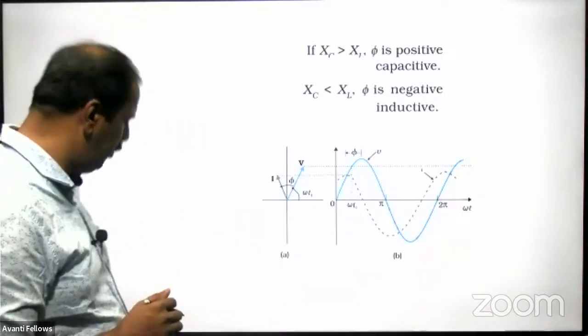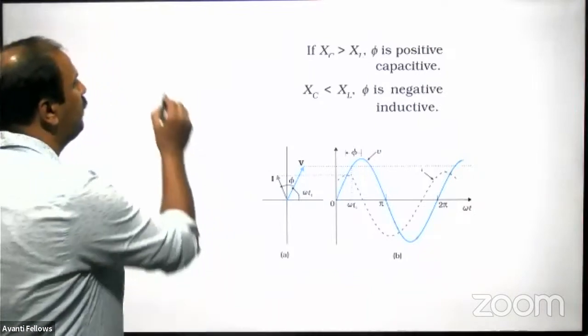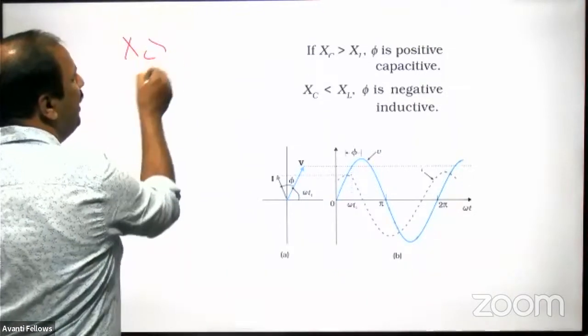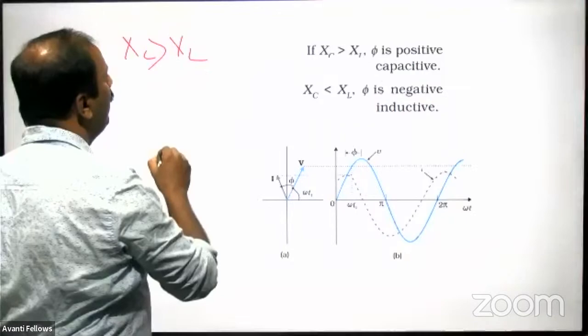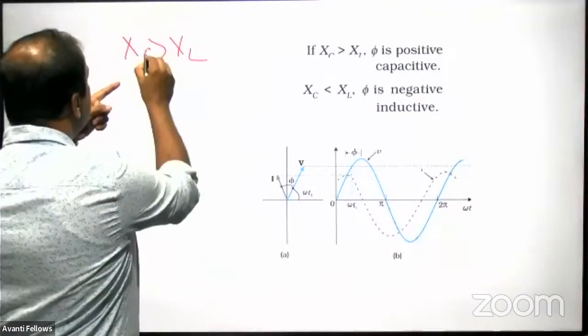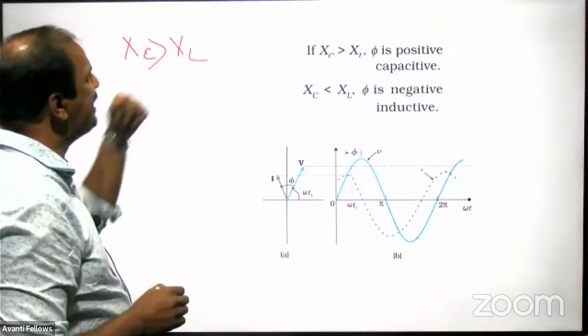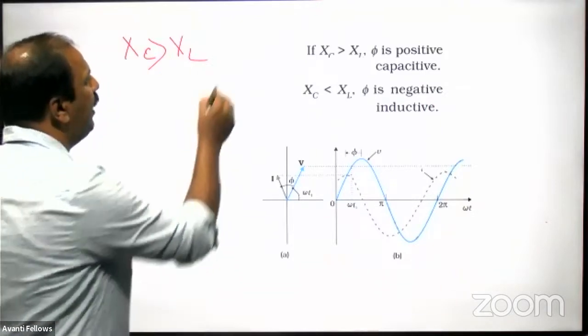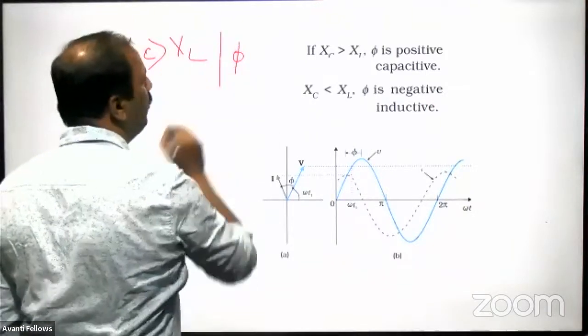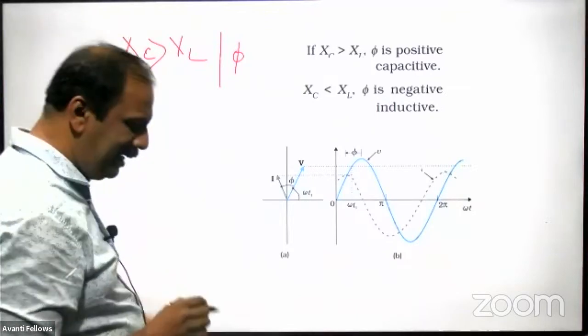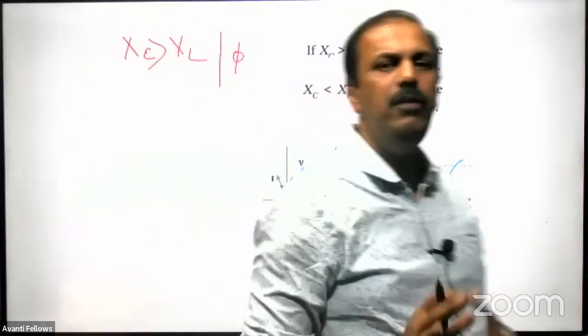From the equation, when XC is greater than XL, that is, the opposition by the capacitance is greater than XL, in that case phi will be positive. Very, very important.